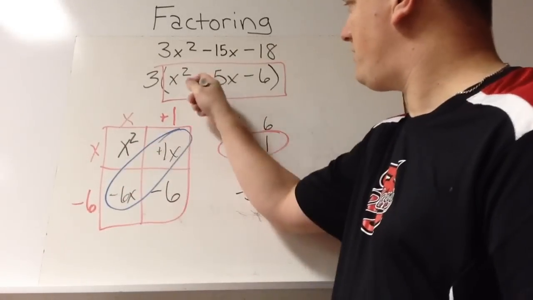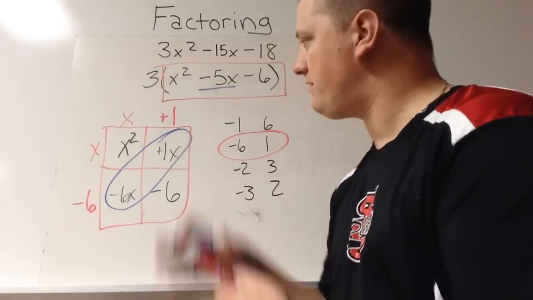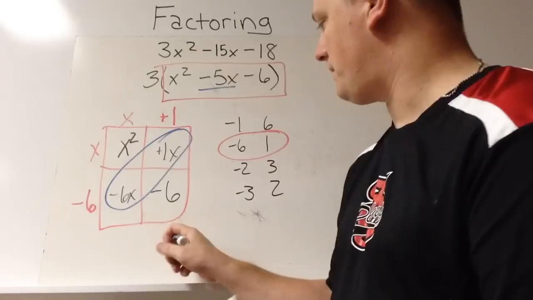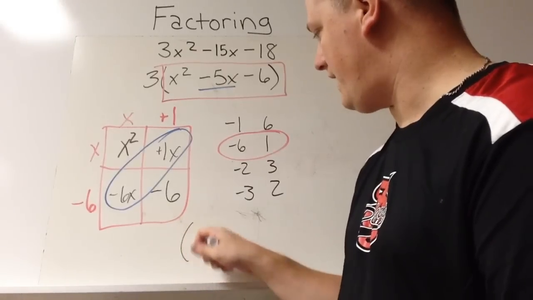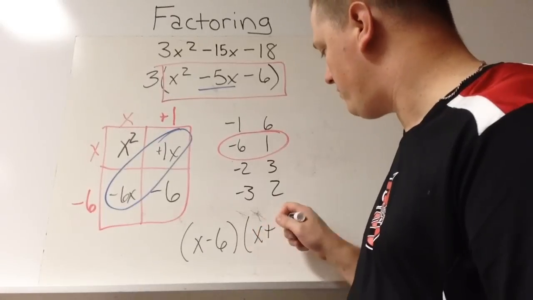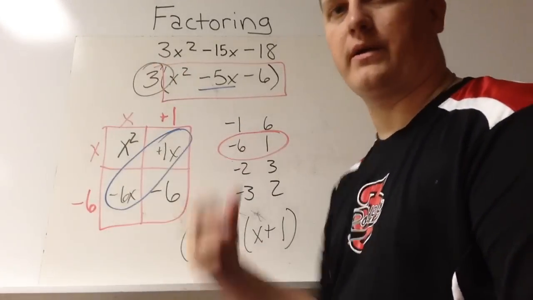Combine these to make sure that it equals that. Negative 6x and positive 1x make negative 5x, so it works. So our factored form is x minus 6, x plus 1. But what you have to remember is we had that 3 in front, so we've got to bring it down.